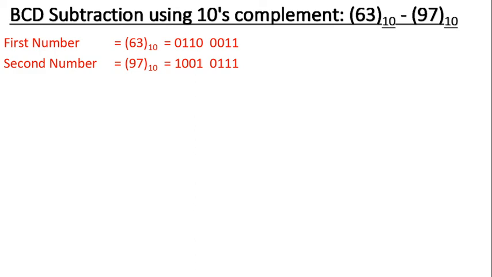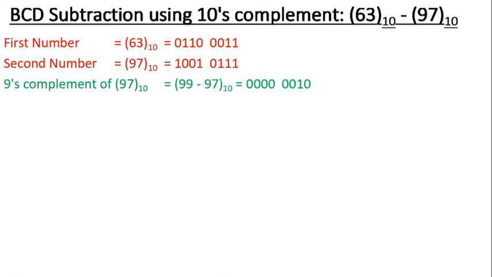And as we know, the number which is to be subtracted is 97, so its tens complement is to be formed, but directly it is not possible. So first of all, the nines complement of 97, which means every digit of that 97 is to be subtracted from 9. Effectively 99 minus 97 is to be performed here, which is nothing but 02, and it is expressed in its BCD form on the right.